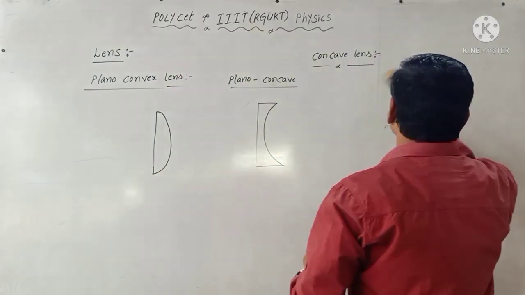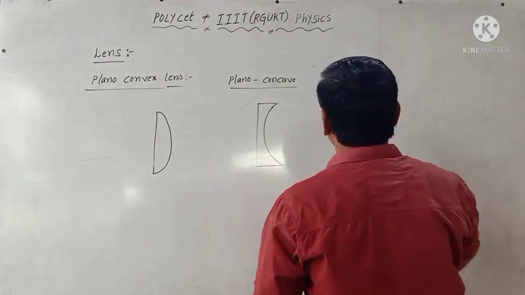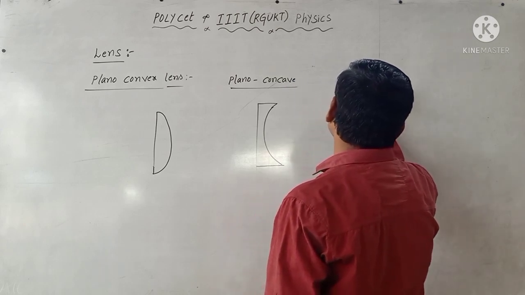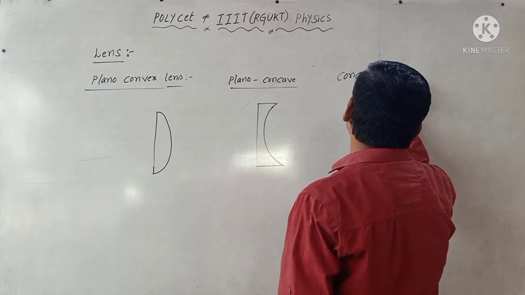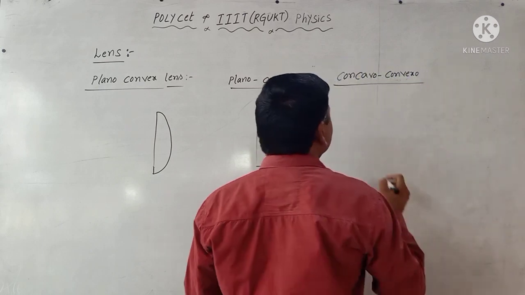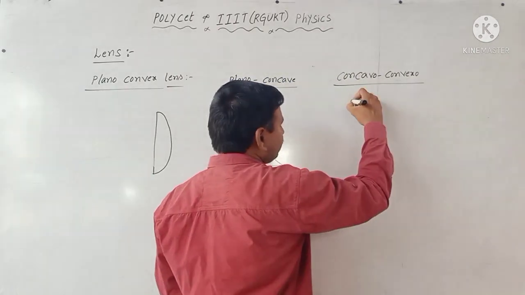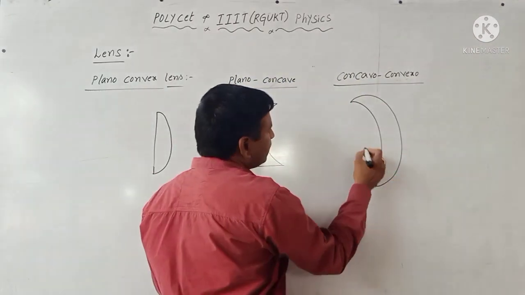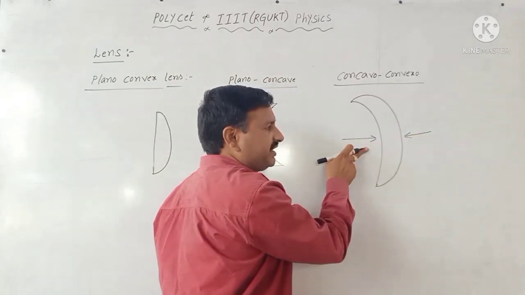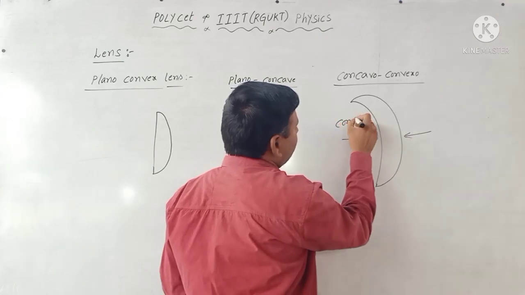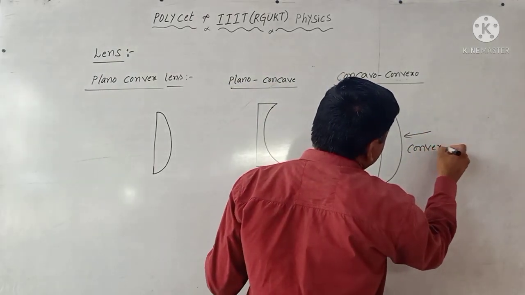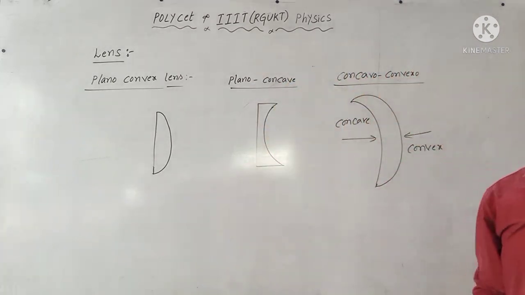Next we go to concavo-convex. You observe this one. This is the concave and this is the convex surface. It is the hollow surface, so it is concave, and it is the bulged surface, so it is convex.